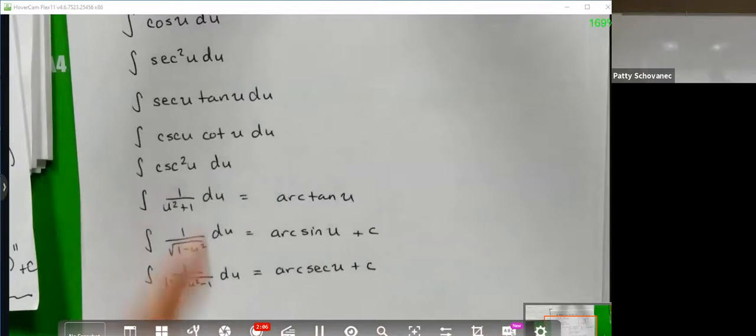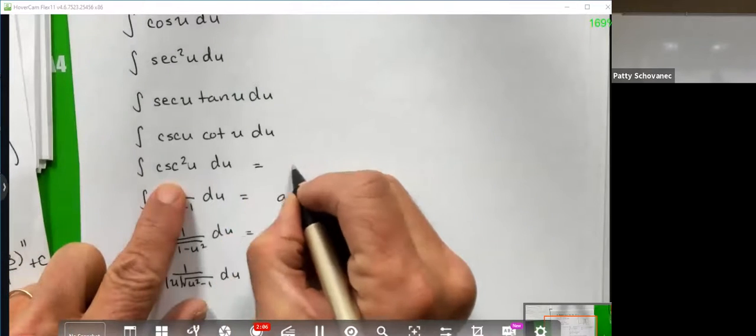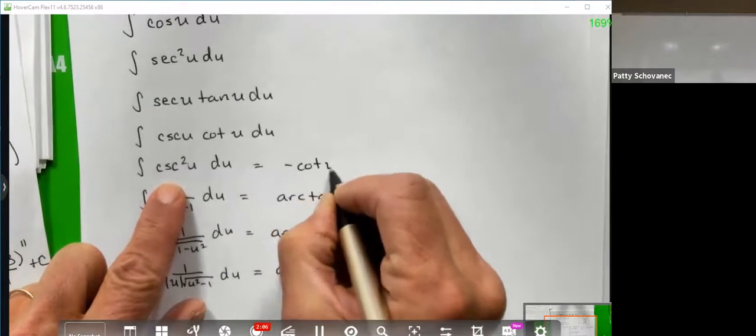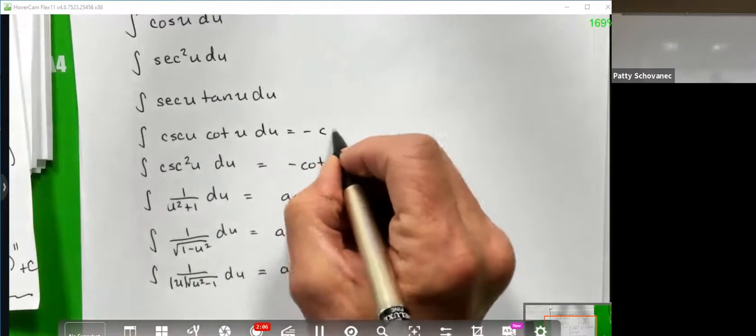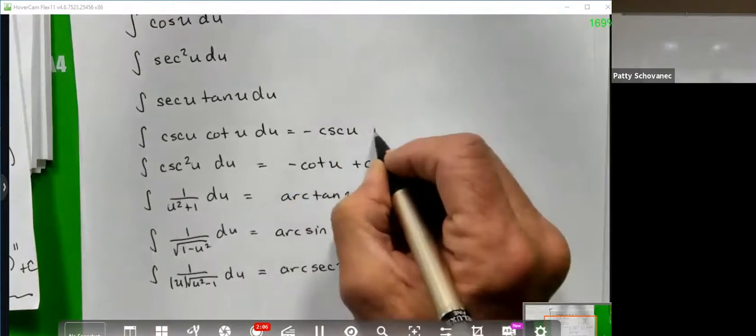The function whose derivative has a cosecant squared in it was a cotangent, but it'd be minus the cotangent of u. The function that has a cosecant cotangent in it is a cosecant, but it'd be a minus the cosecant of u.